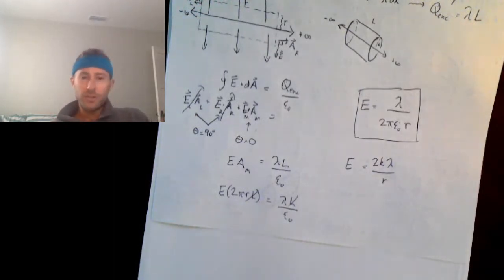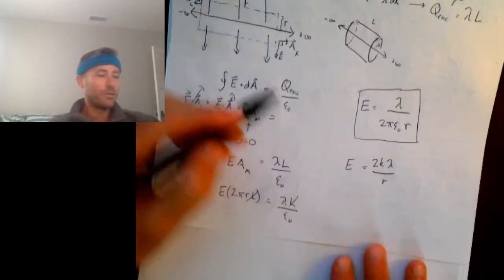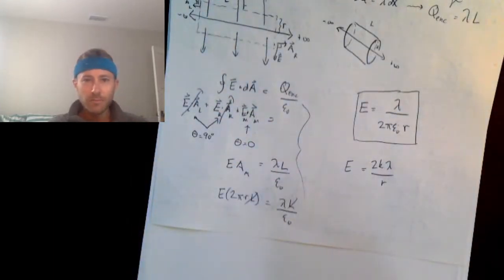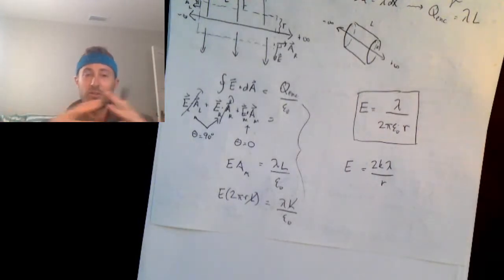So in certain situations, Gauss's law allows you to calculate the electric field much easier than when you do it by integration. See, what would you rather do? Would you rather do an integral from minus infinity to infinity, or would you like to do 4 lines of simple algebra? Okay? So again, if the distribution of charge is highly symmetrical, then Gauss's law is the way to go. All right?